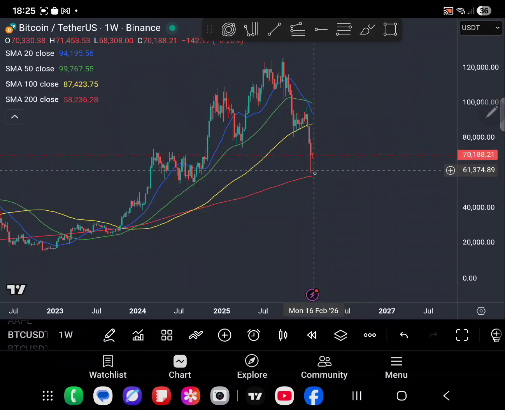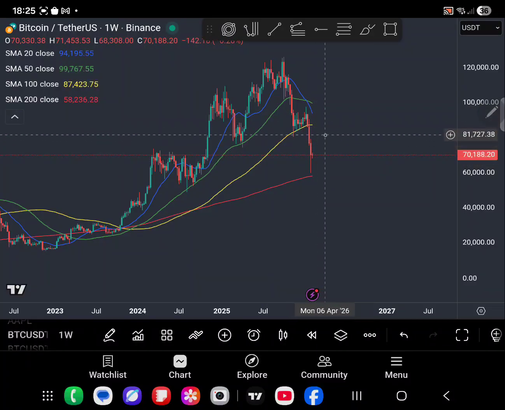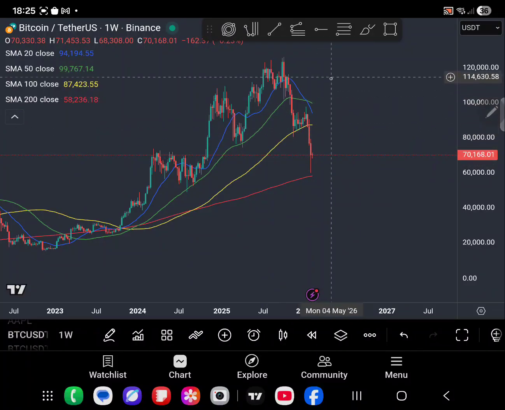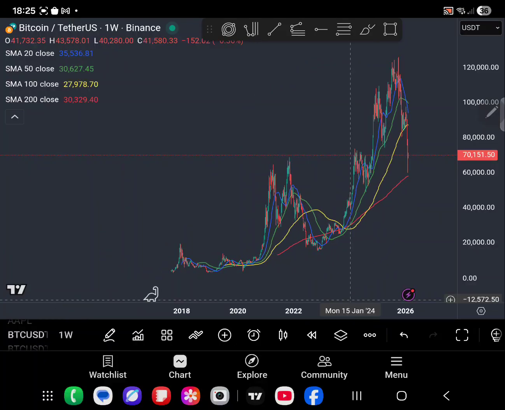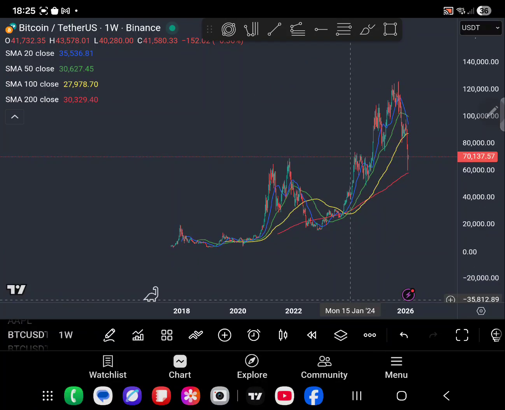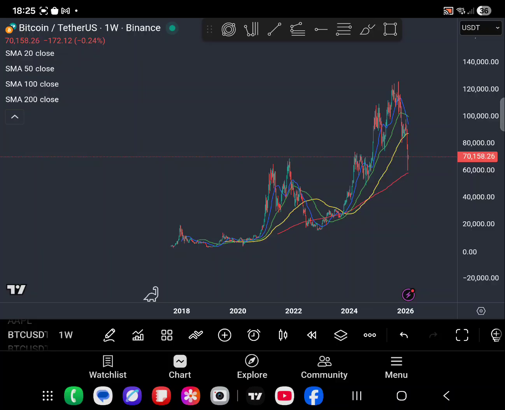And so, really what we want to see is price coming back above to a higher level. So, these are useful ways of viewing the chart.